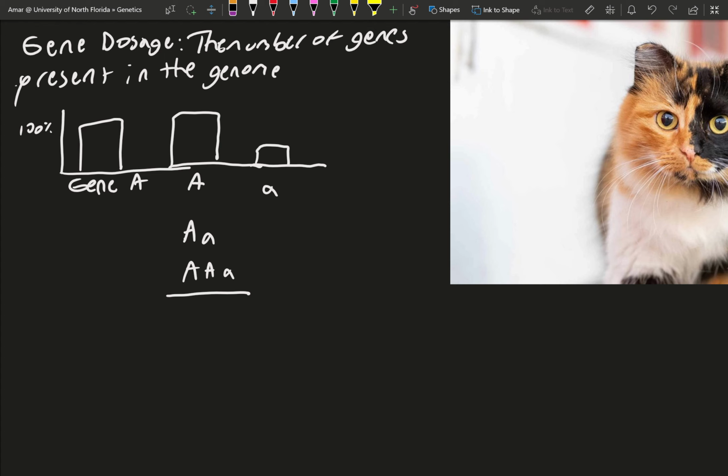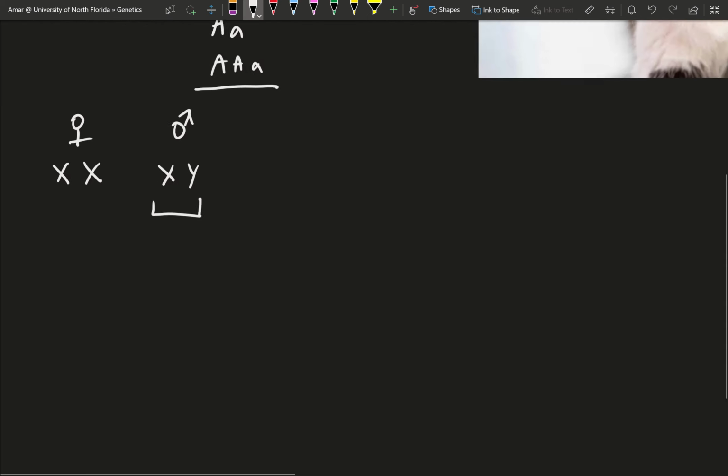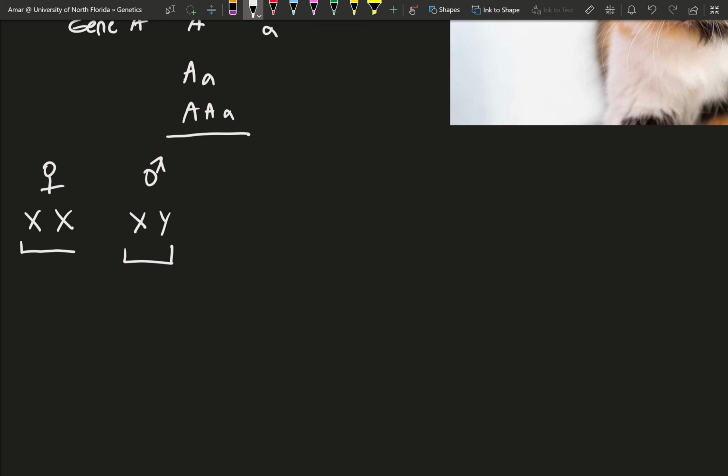As you can remember, females have 2 X chromosomes, and males only have 1 X chromosome and a Y. So the male essentially has the correct balance of genes for the X chromosome, whereas a female doesn't. The female doesn't have the correct balance because now you have 2 different X chromosomes.